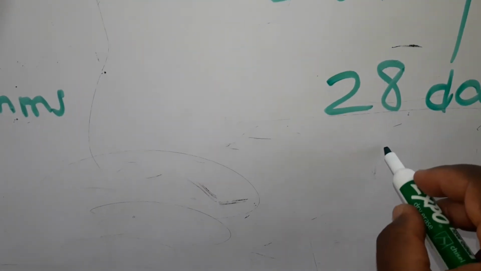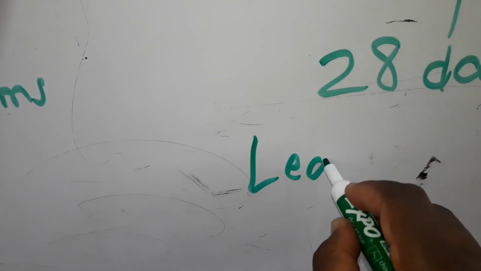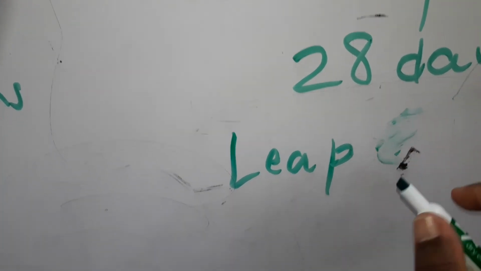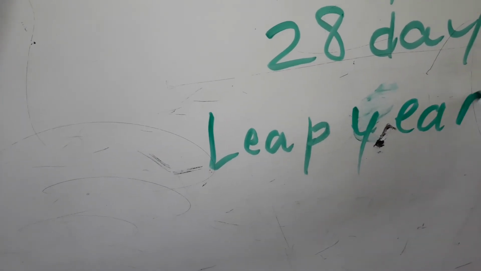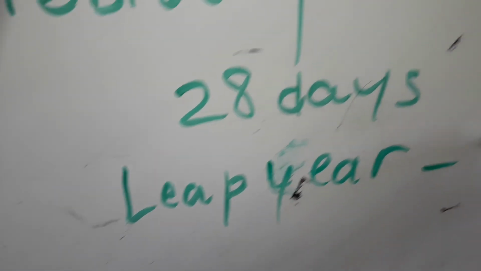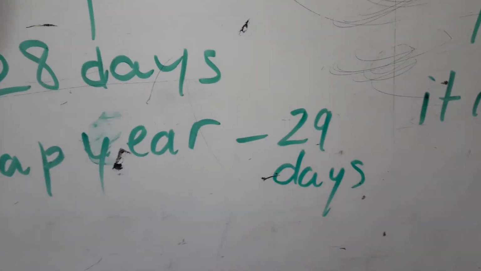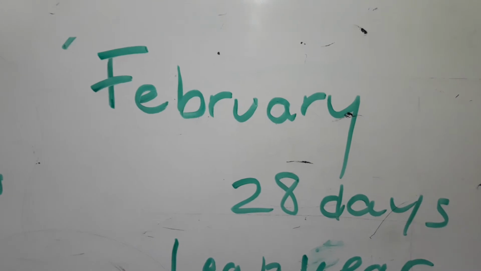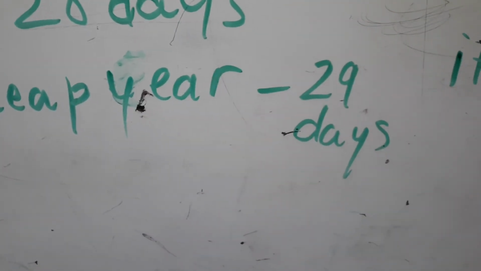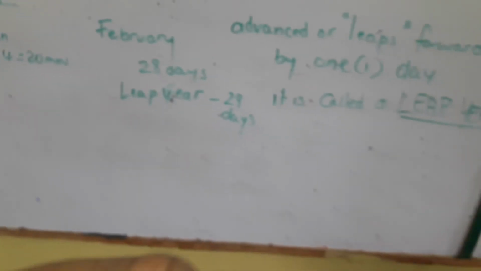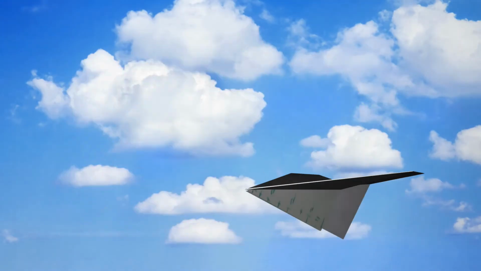But on the leap year, with that additional day, February has 29 days. So regular year, 28; leap year, February has 29 days, because the extra day is added on to February, and that is a year.